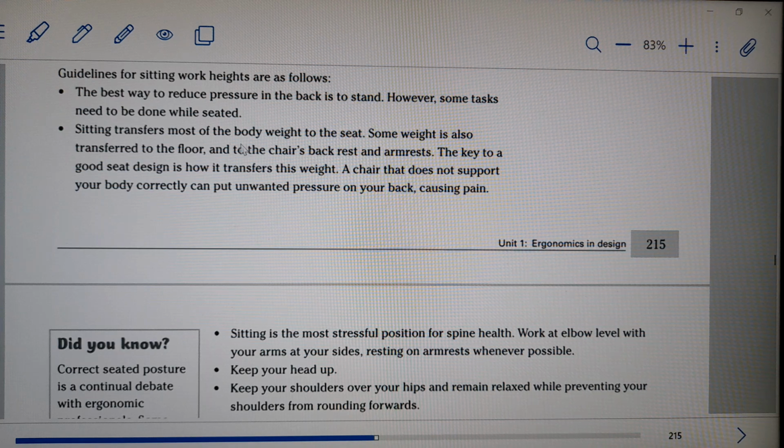Sitting transfers most of the body weight to the seat. Some weight is also transferred to the floor and to the chair's backrest and armrest. The key to a good seat design is how it transfers this weight. A chair that does not support your body correctly can put unwanted pressure on your back, causing pain.